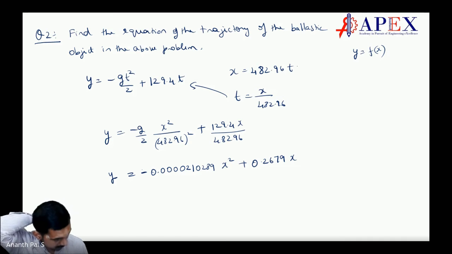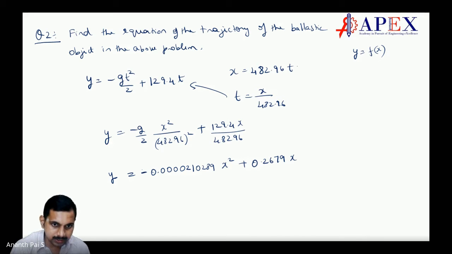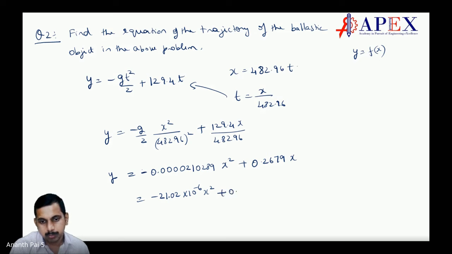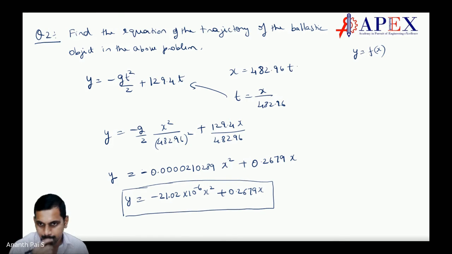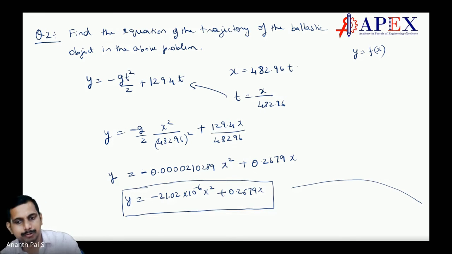Okay, easy, students. Or we can write this as minus 21.02 into 10 power minus 6 x square plus 0.2679x. This is y. So you see how big that parabola is, correct? So the parabola will be something like this.